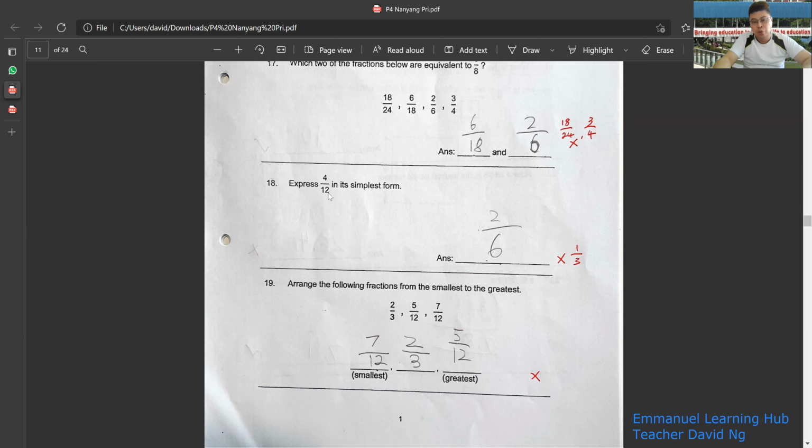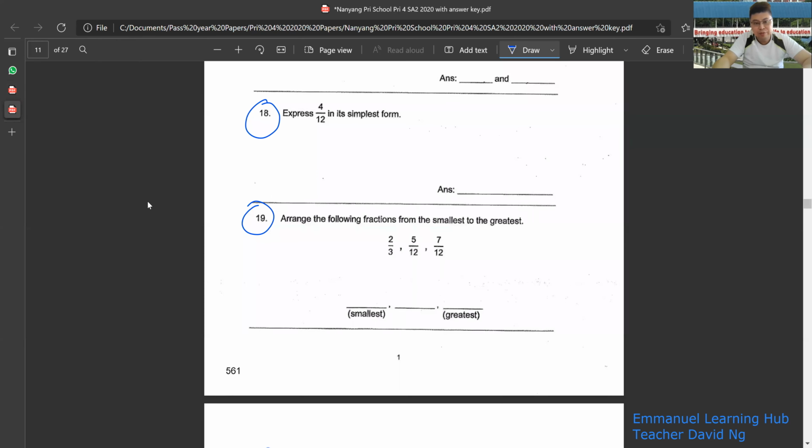You identify the highest common factor of 4 and 12. You know how to identify highest common factor, right? You identify the highest common factor, then you divide the numerator and denominator by the highest common factor. Then you can get it in simplest form. Okay?